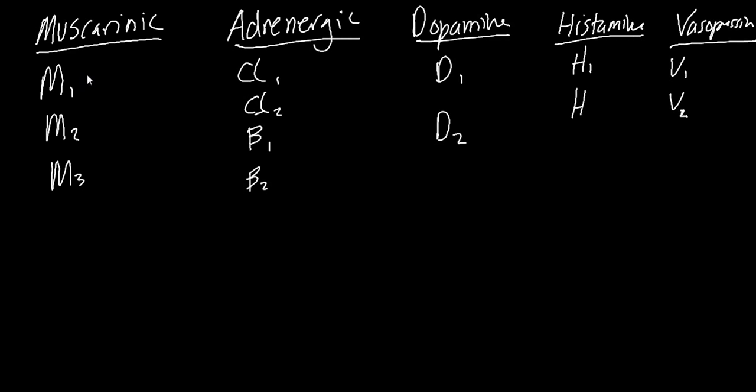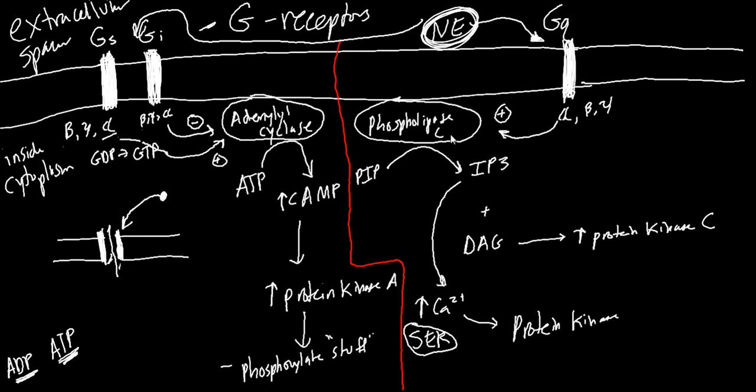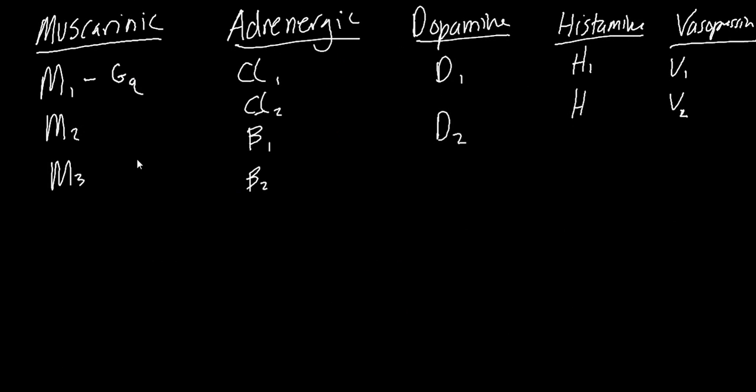So let's see. M1 receptors. An M1 receptor is going to be Gq, meaning it's going to activate phospholipase C. It's going to go down through the IP3-DAG pathway. It's going to act in a Gq fashion.